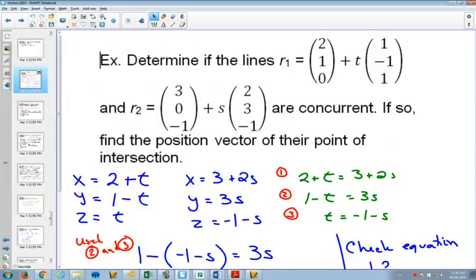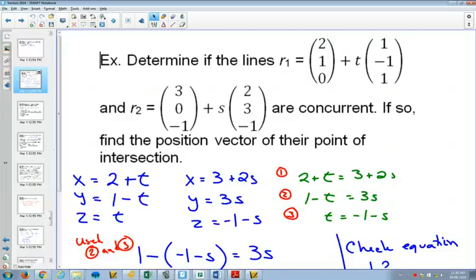We get 3 different equations. Now, we only have 2 variables, s and t, that we need to solve for. If you have 2 variables that you're solving for, you only need 2 equations to do that.